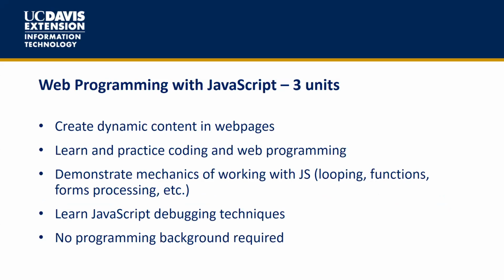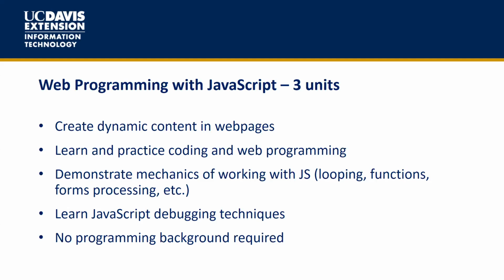The next one, our next course, is a JavaScript course. And that's going to be web programming with JavaScript. And again, this is a 3-unit course. You'll see all of the courses within this program are 3 units. In this course, you're going to be able to create a usable and interactive page, and it's going to be able to respond to the web browser and allow you to do user input.